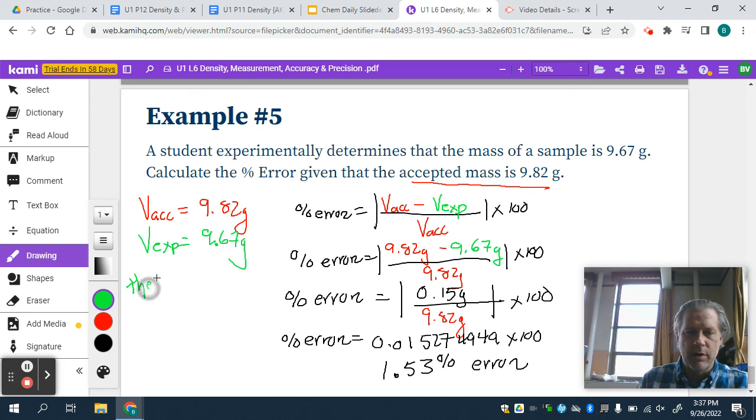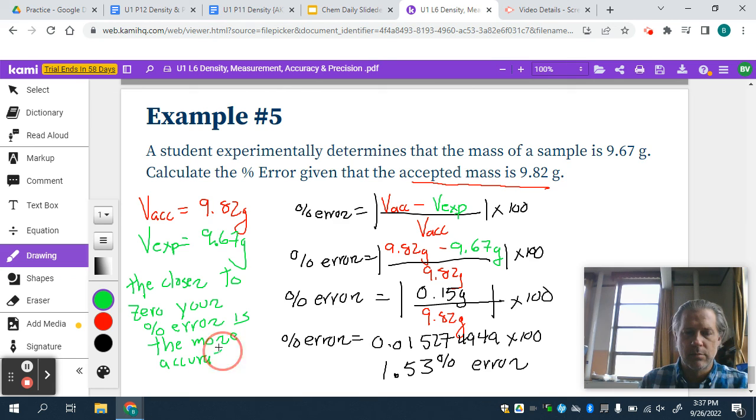So the closer to zero your percent error is, the more accurate your lab measurements are.